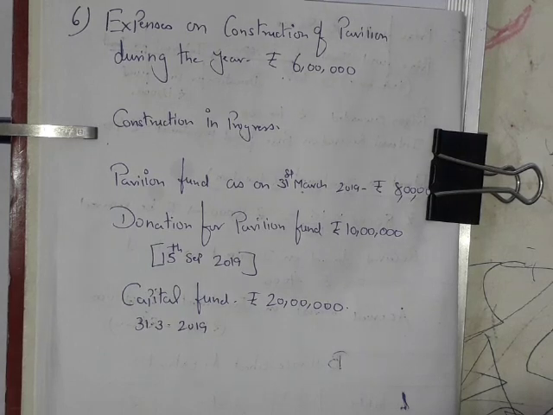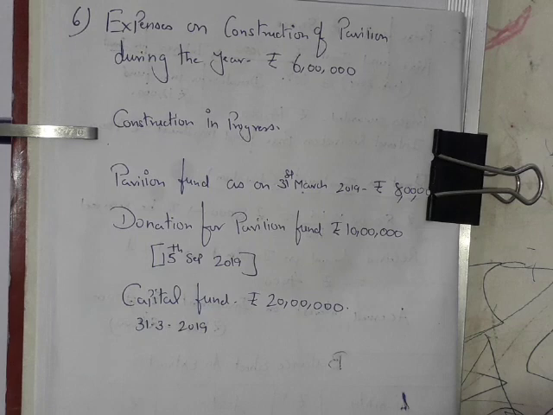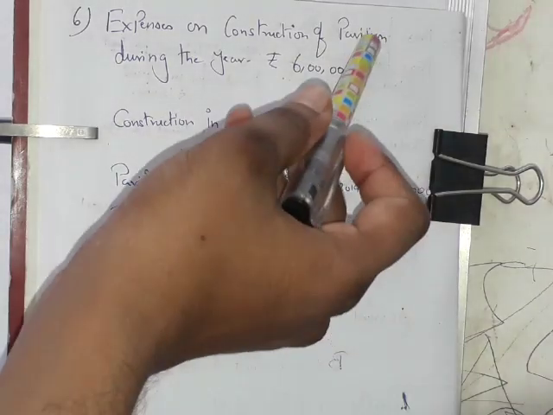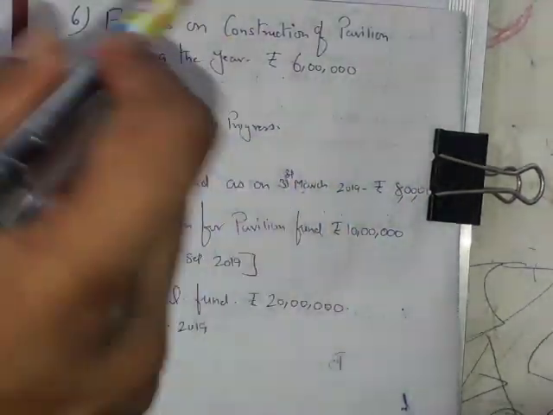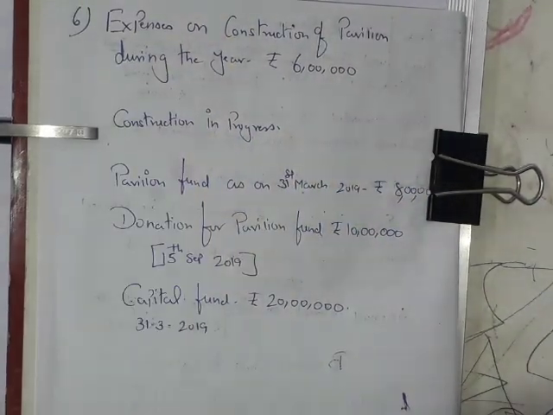You are going to create an asset. Pavilion is an asset. And if you want to build a pavilion, what must you have? You must have a separate fund account for the pavilion, which will be named after the pavilion itself. So a pavilion fund. You must have a specific fund for constructing this pavilion, that is nothing but the pavilion fund.